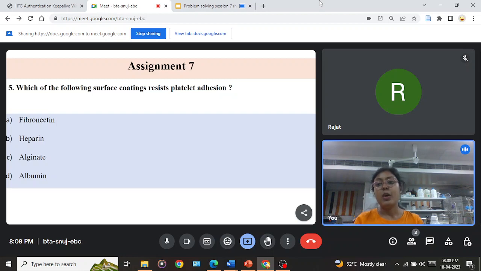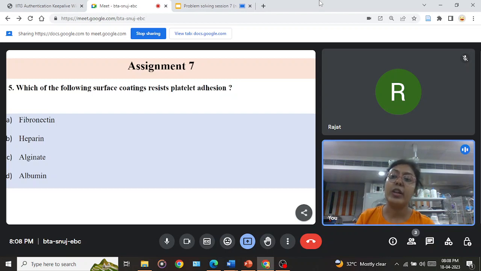You have to think about the function of each of these coatings. Like fibronectin, how does it work? Heparin, alginate and albumin. We have to resist the platelet adhesion. So we will see one by one.